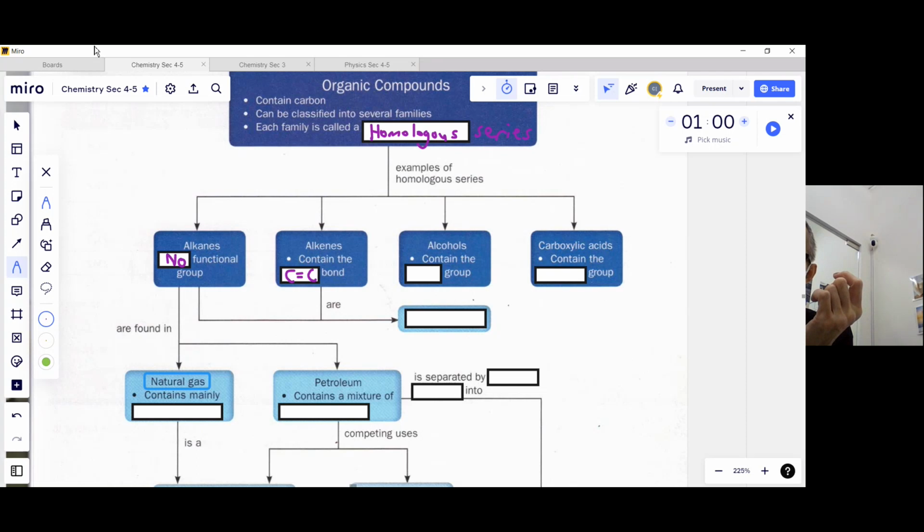Alcohols contain the what group? Okay, good. OH group. Well, she used the name hydroxyl. But mind you, make sure you realize that OH is actually O bond H. Normally they would not include the bond inside. It's lumped together.